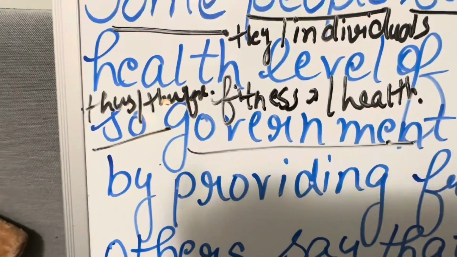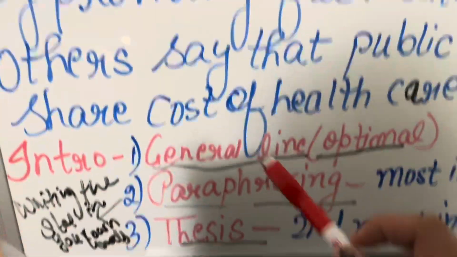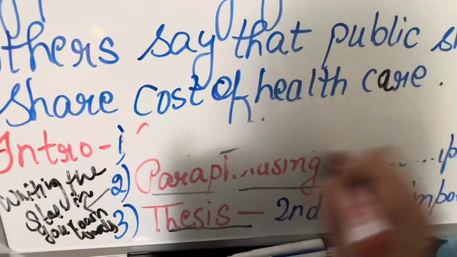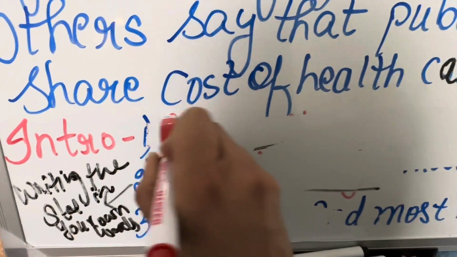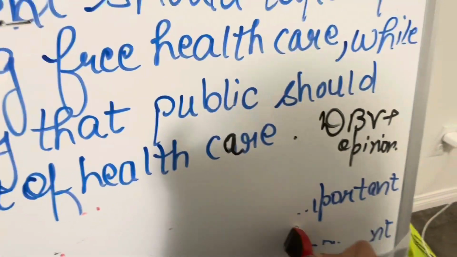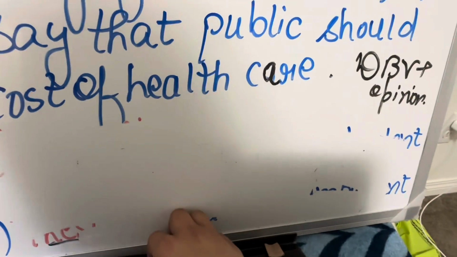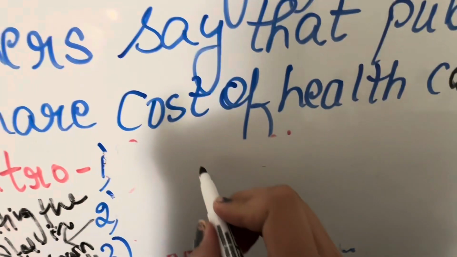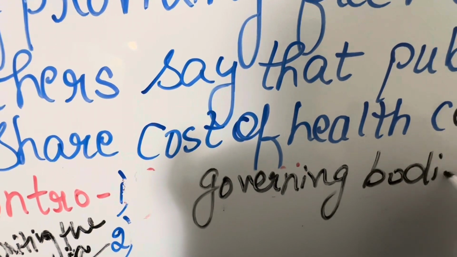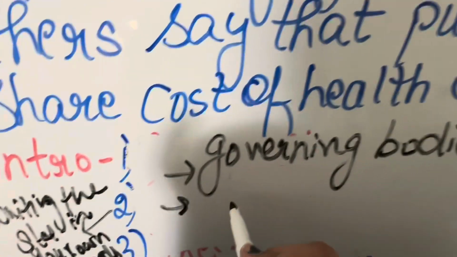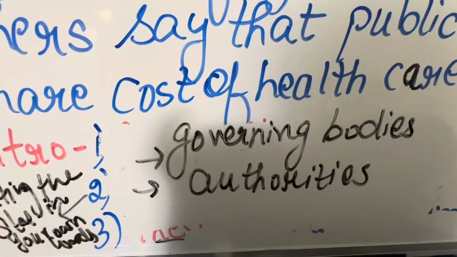Government. To government we can write, so I'm going to erase this because it's getting messy here. Sorry for the inconvenience. To government we can write governing bodies, authorities. Fine.